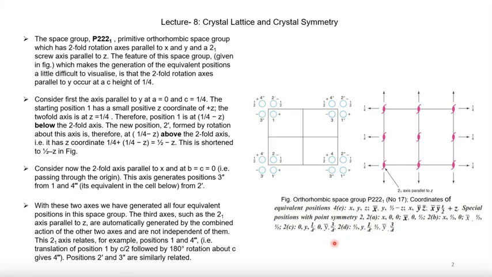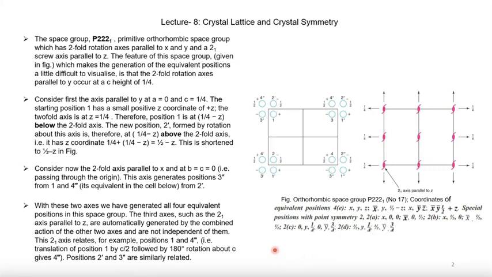Yes, we have been talking about the difference between general equivalent positions and special equivalent positions. Special equivalent position occurs only when the position lies on a symmetry element.